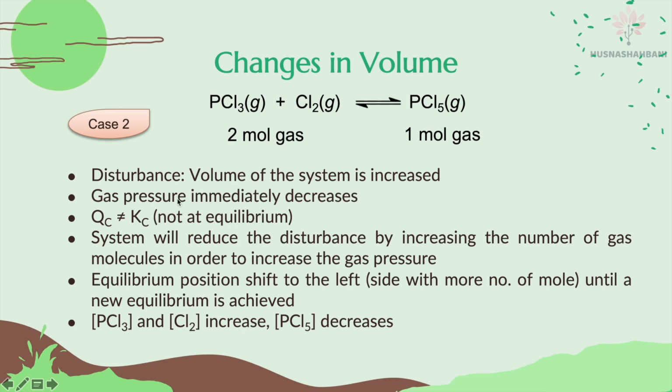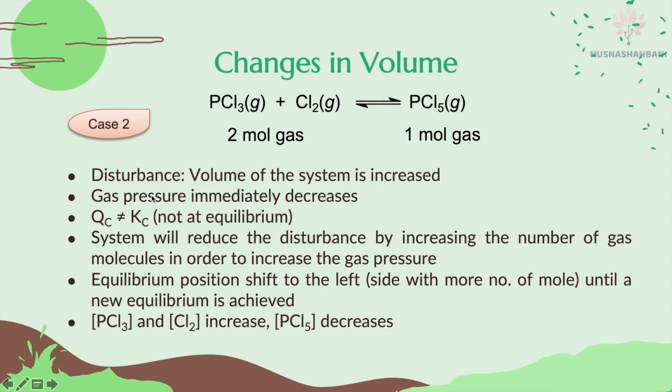So when you have less gas pressure and less collision because you increased the volume, now you need to increase the gas pressure back, because the disturbance is lower gas pressure.